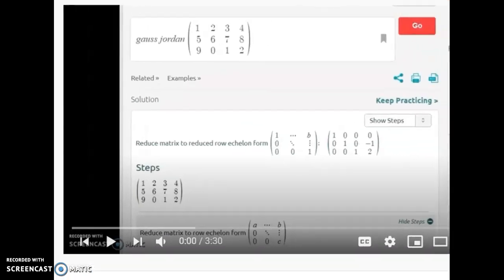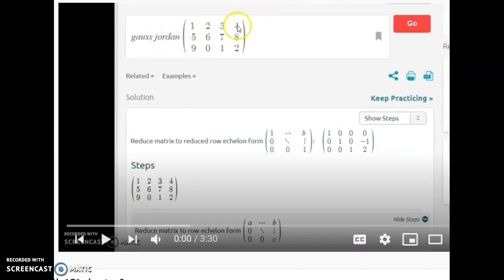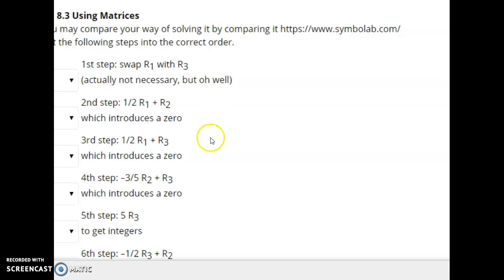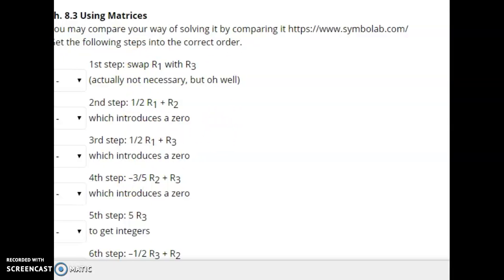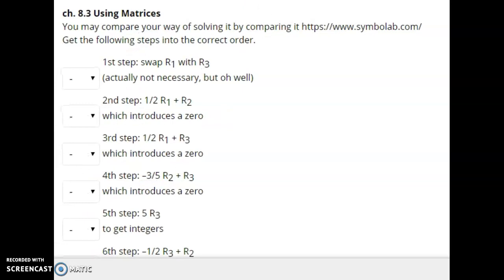And I'm saying here that I just put this random matrix in here, 1, 2, 3, 4, 5, 6, 7, 8, 9, 0, 1, 2, and then have SymbolLab solve it. And those are the steps. So if you watch this video, then you can definitely answer this question here, despite what I just said, that this is already in the correct order.